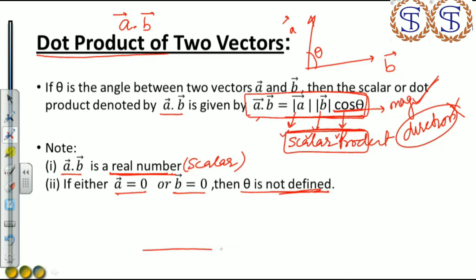See, if here it is vector B and A is 0, then A is 0 means A is not present. So how can we find the angle between A and B when A is not present? We have only the B vector. Then we are not able to find the angle between the two vectors. That's why we say that theta is not defined.